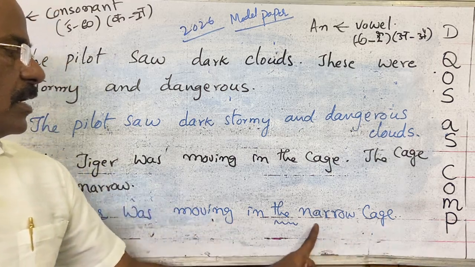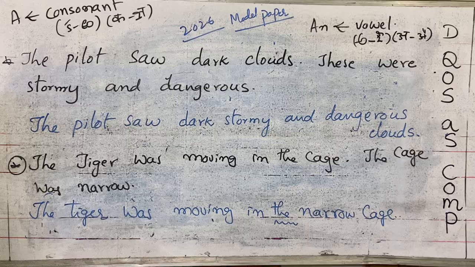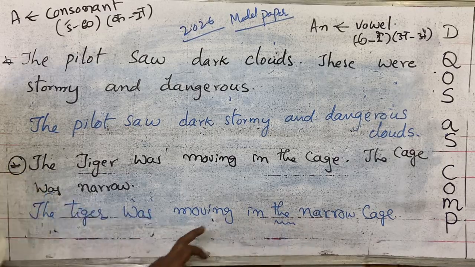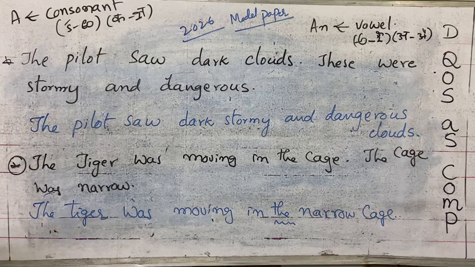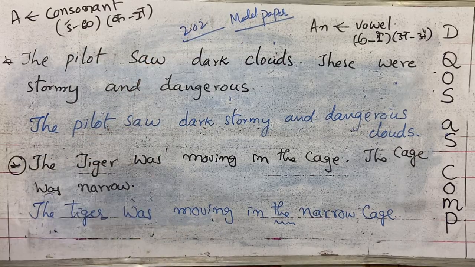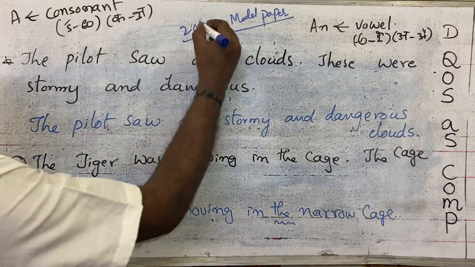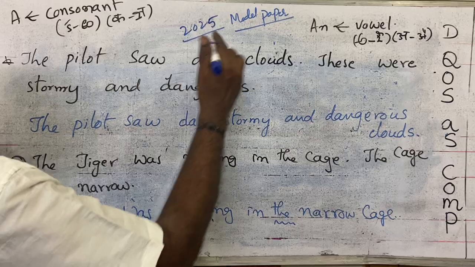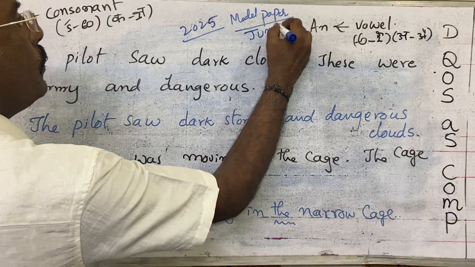How is the cage? Narrow. Maybe cages will be different. So that's why 'the' is used, because of the particular reference here. The determiner 'the' is used. Now we will go to 2025, the June paper that we are verifying now.